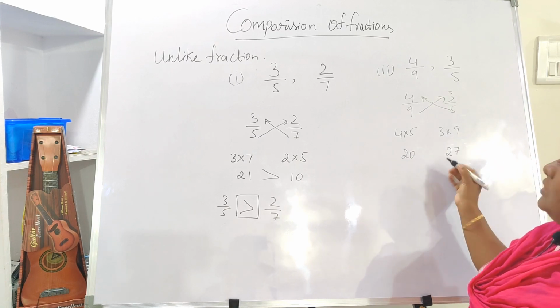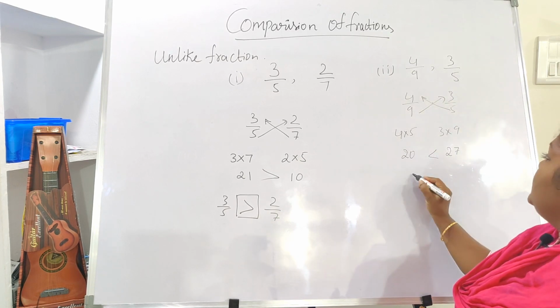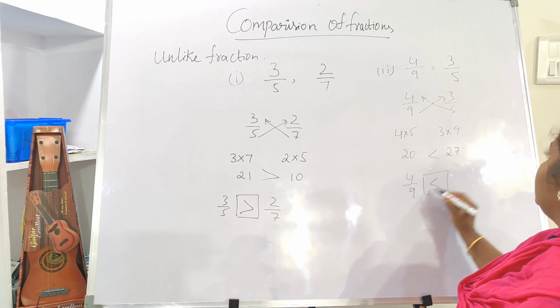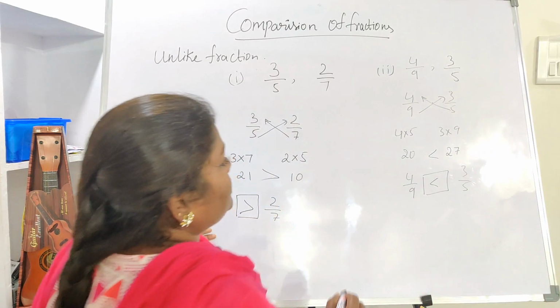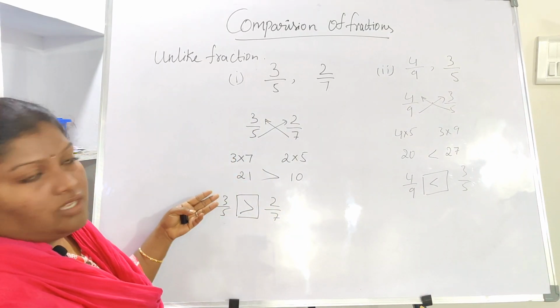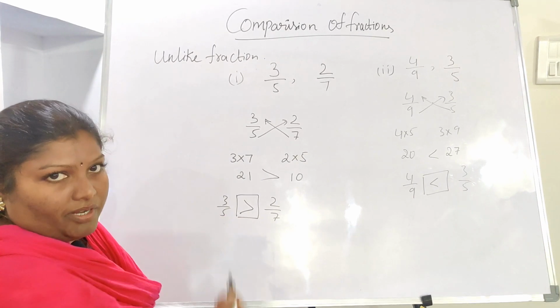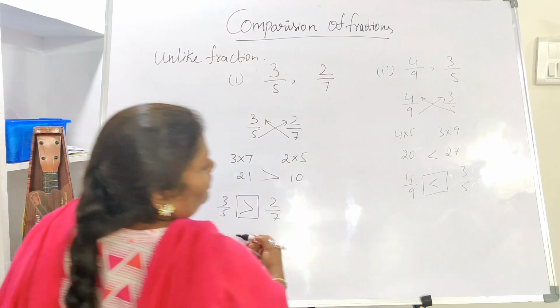Now which is bigger? 27 is bigger. Therefore the second fraction is greater, so 3 by 5 is greater than 4 by 9. In this way you can find out which is greater. This will be applicable when you are going for competitive exams. So this is the comparison process.